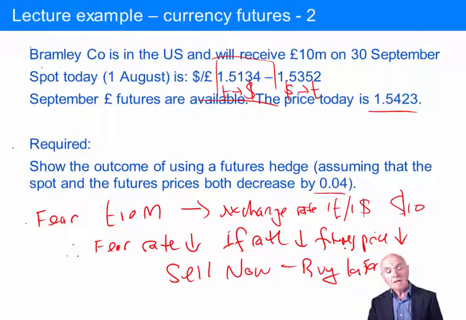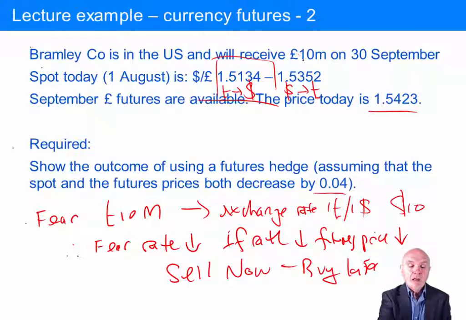And again, going back to the rule here, in 3 months' time, we are going to be selling currency. We're a US company, we are selling dollars, and the rule is you do with futures now what you're going to be doing with the currency in the future. So we're selling the currency in the future, we sell futures now to generate the compensation.